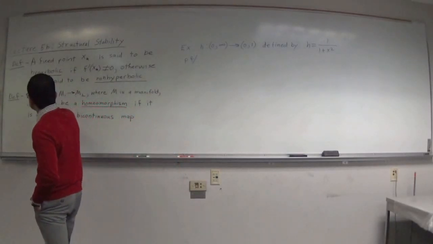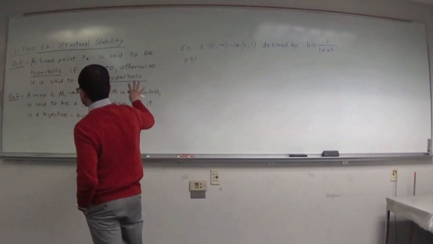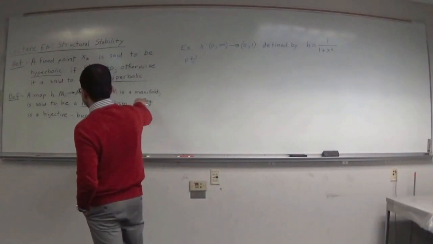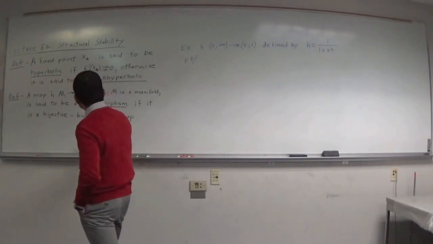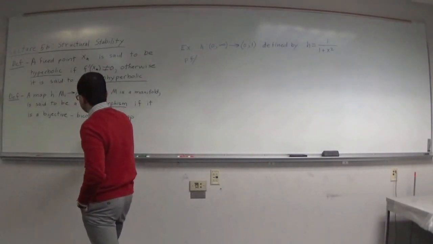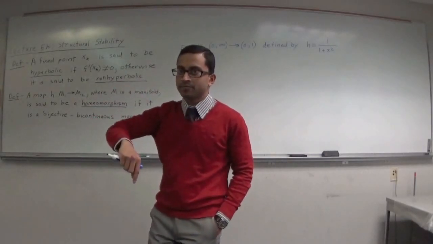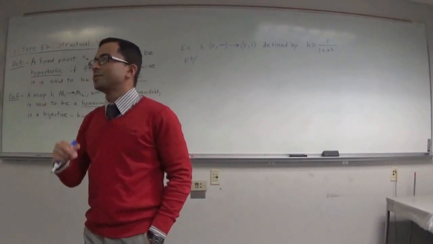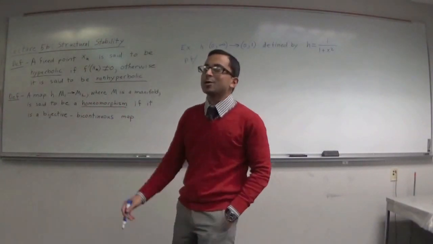Let's see what the definition is. A map H is a homeomorphism if it's bijective, so that means one-to-one and onto, and bicontinuous, so it's continuous and it has a continuous inverse. So choose something that you could have proved in, say, Calc 1.